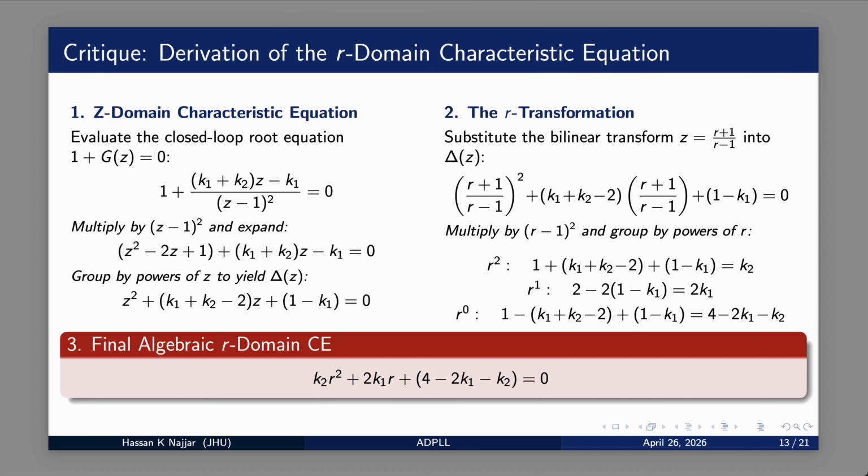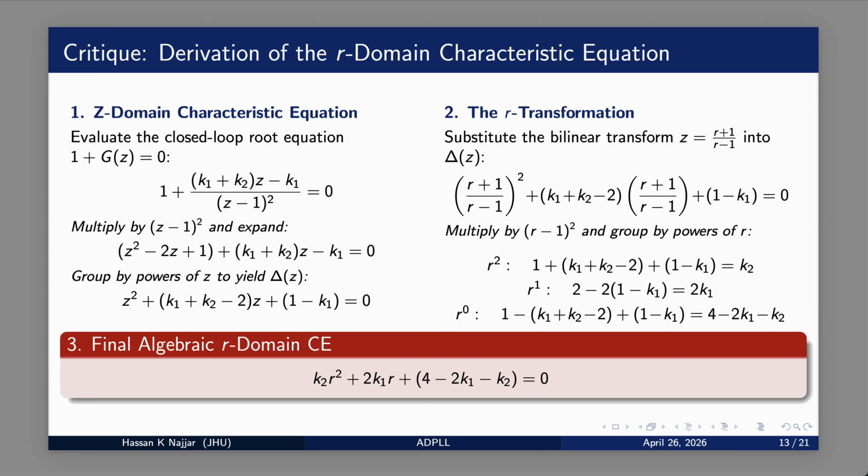To confirm the stability of the system, the exact discrete time characteristic equation is transformed into the r domain using the bilinear substitution z equals (r plus 1) divided by (r minus 1), which maps the unit circle to the left half plane.